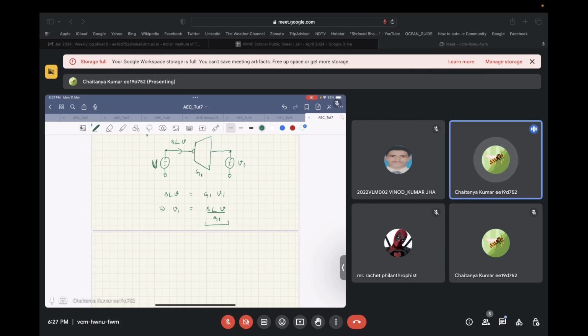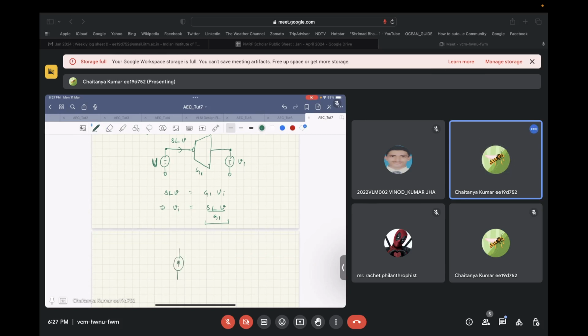Let's say there is some current I that goes into a capacitor, and this capacitance has a value of C. Okay, so what is the voltage that is developed at this node?